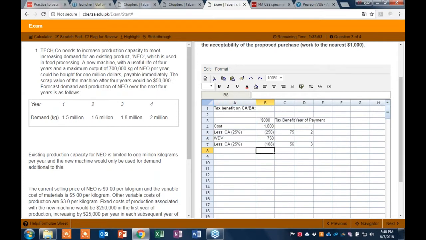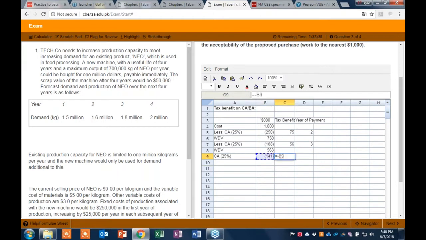Now the WDV for the next year. This was for the first year, this was for the second year. Now we are entering into the third year. Let's calculate the WDV. And for the third year, again, it will be able to claim capital allowance at the rate of 25%. 25% of 563 is 141.